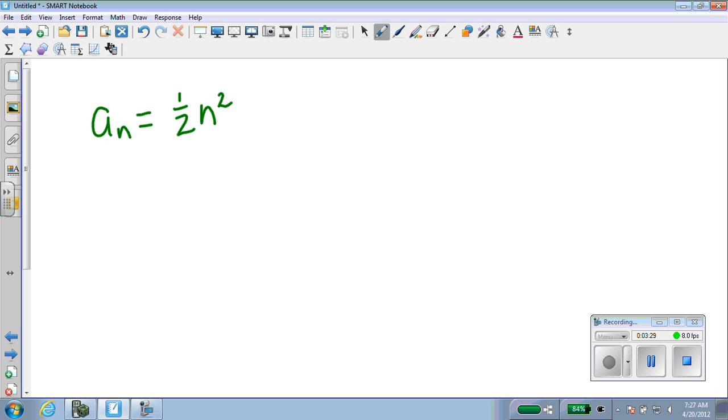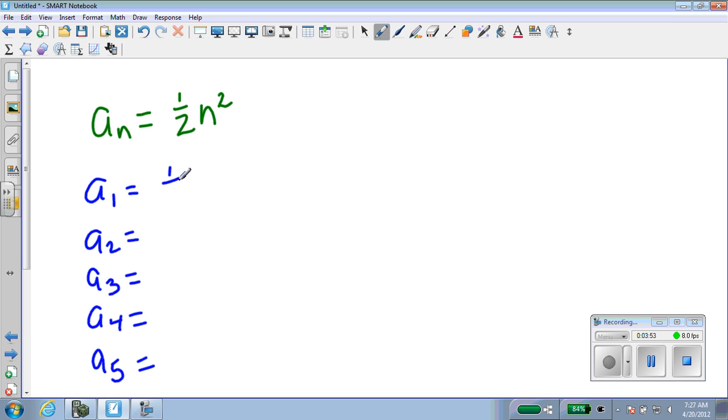So our work is to generate the first 5 terms of a sequence if we know its functional definition. So A sub 1, A sub 2, A sub 3, A sub 4, and A sub 5. A sub 1 would be 1/2 times 1 squared.